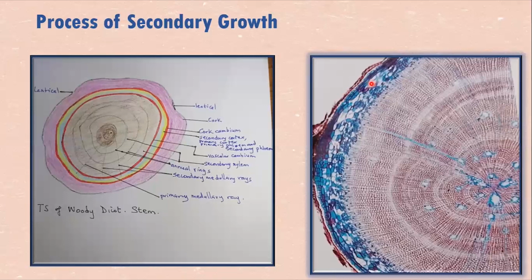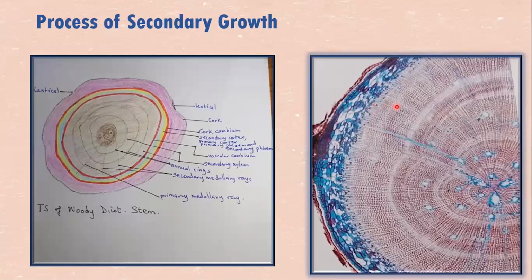Then all here is living tissue, which can be secondary cortex, primary cortex and secondary phloem. And then you can have in here some vascular cambium. Look at it. All here is living, from the cork cambium, living tissue, and then you have the vascular cambium.